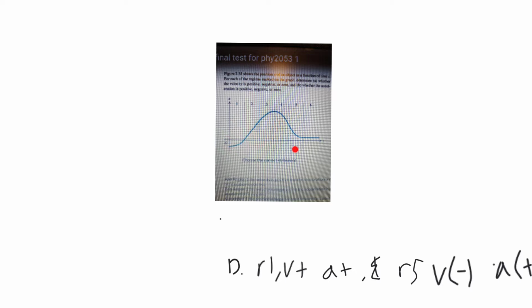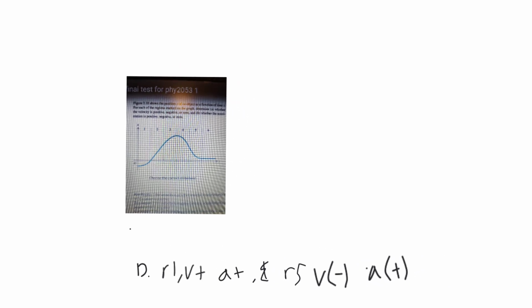So this is a position versus time graph, and we know if we want to find the velocity in a position versus time graph, that would be like taking the slope, because the change in position over the change in time is going to be equal to the velocity, right?